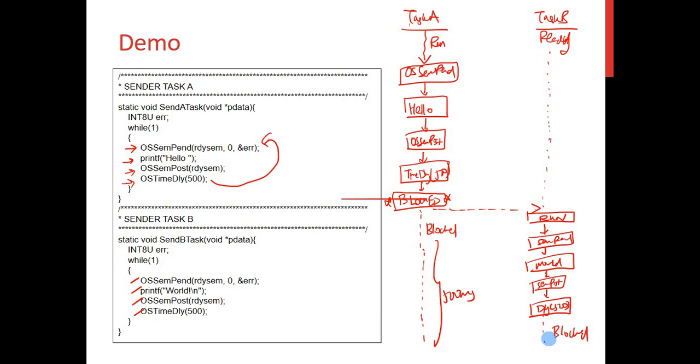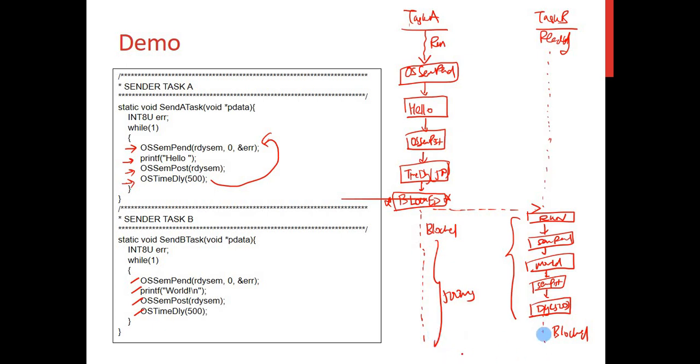The important thing here is that just because task B calls delay doesn't mean I go to a context switch yet, because this code executes very fast compared to the 500 millisecond delay that task A is currently in. After task B completes this code and calls delay 500, it will go to a block state while task A is still in the block state.